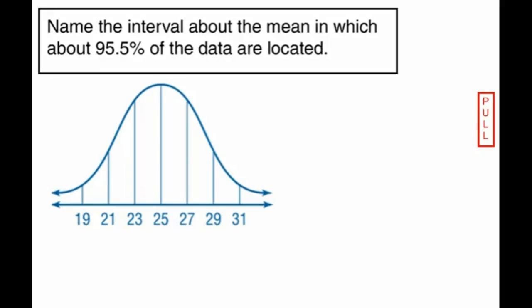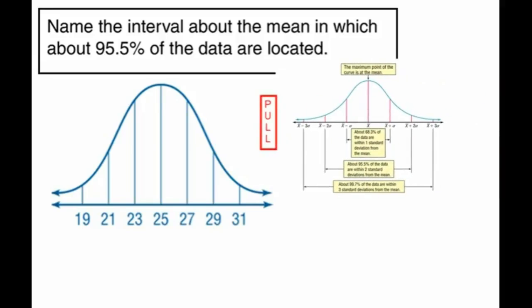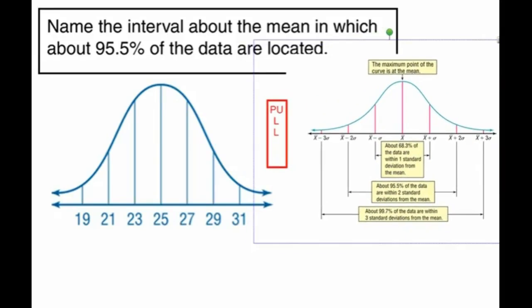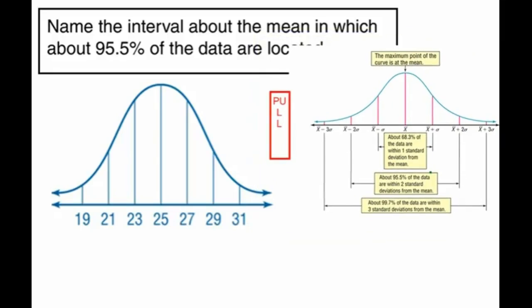I would like you to name the interval about the mean in which about 95.5% of the data are located. Recall from one of the earlier screens, we talked about how typical data fall. 95.5% of the data is 2 standard deviations away from the mean.